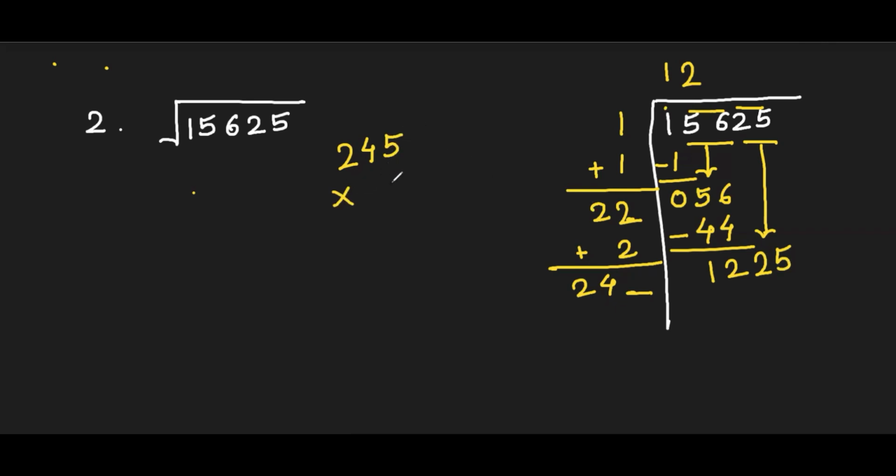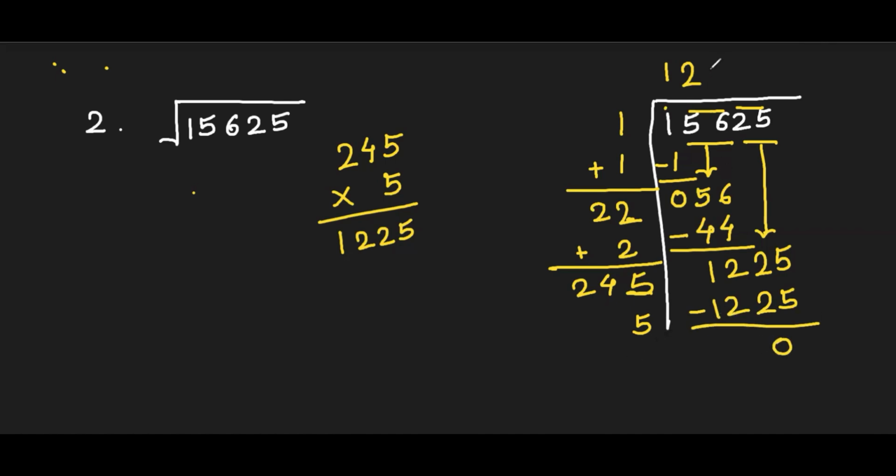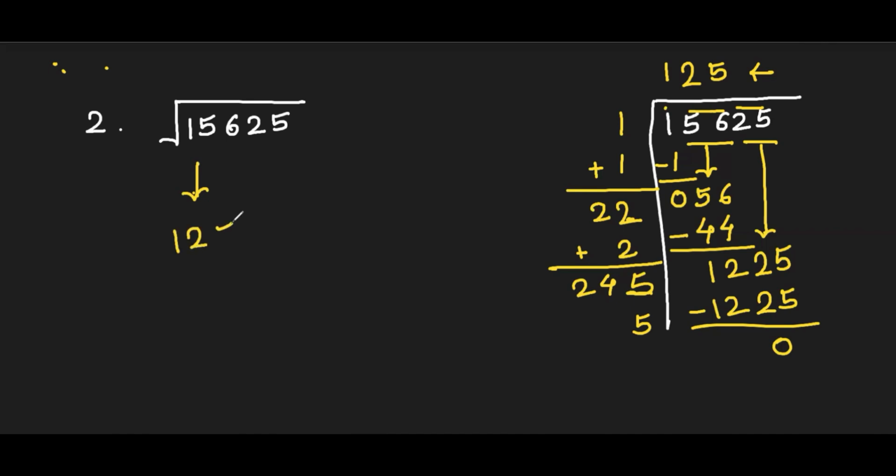Now 245 times 5 will be 1225. So we got the exact number. So yes, it is perfectly divisible without any remainder. Taking the 5 on the top, we got 125 on the top, so that will be the answer for the square root of 15,625.